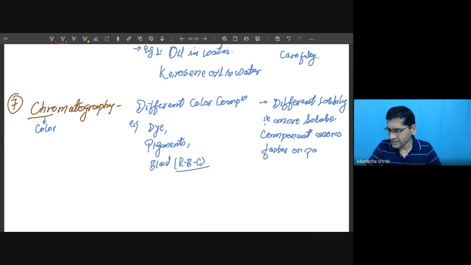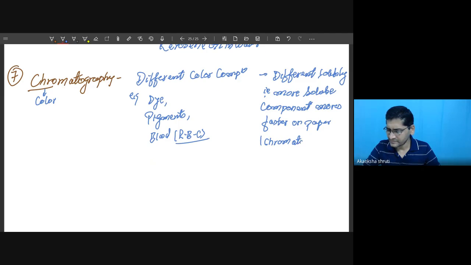So there is a special kind of paper called chromatographic paper. So this paper meant that.